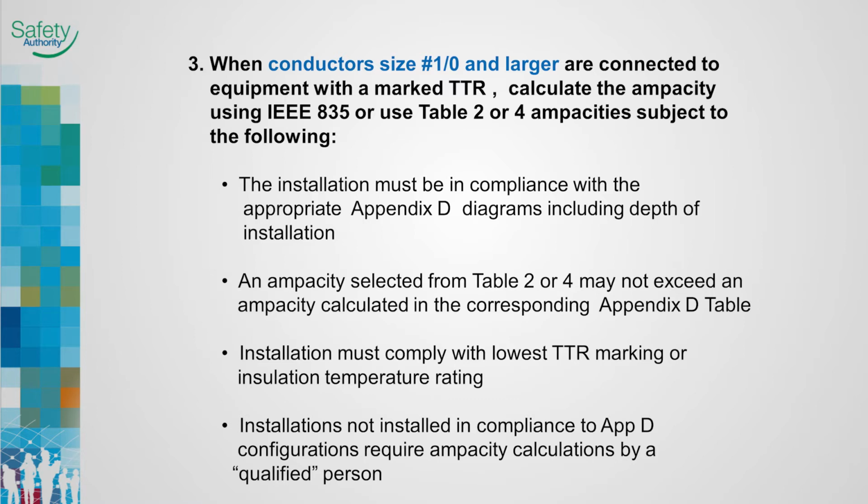The ampacity values in Tables 2 or 4 must be compared to the corresponding Appendix D ampacity table, and the lesser of the values must be used, subject to Rule 4-004, Subrules 17 and 18. The conductor insulation temperature rating and the column from which the conductor size is selected must correspond with the TTR markings in the circuit.